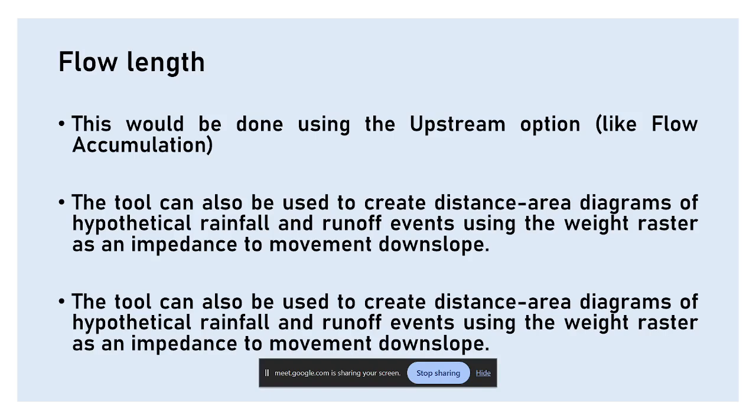Okay, not the downstream, the upstream option. Okay. So the flow length can be determined using the upstream option, like flow accumulation. As I said, it's for the upslope direction, right? And because this is a sequential processing, the surface hydrological model, this is basically the fifth step in the surface hydrological modeling.